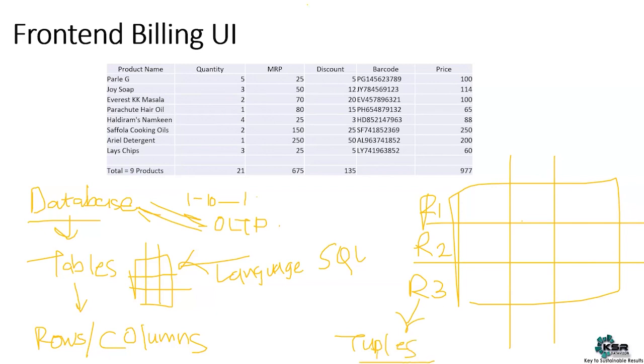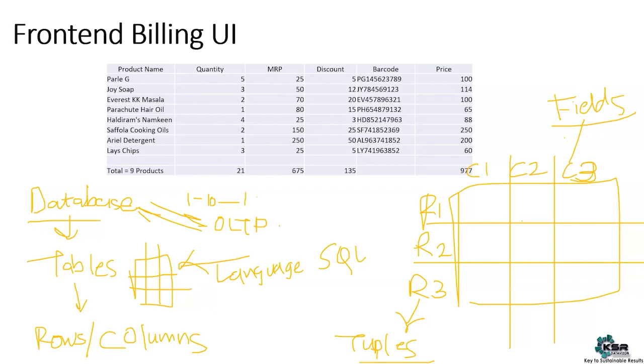You can call it a row also. Even row is not a wrong word. But rows are sometimes called tuples. And columns are sometimes called fields. You can call it a column also. There is nothing wrong in that. But columns are sometimes called fields. These are scientific names which are given in SQL.